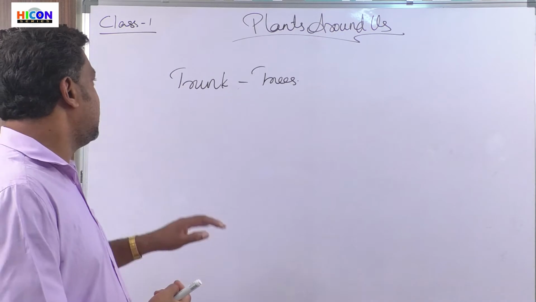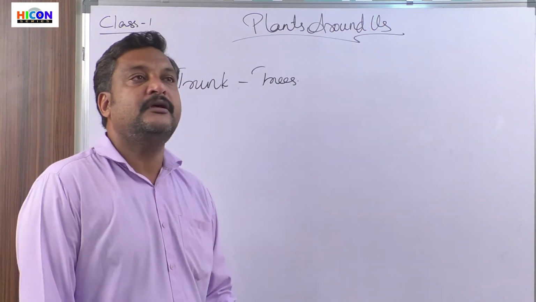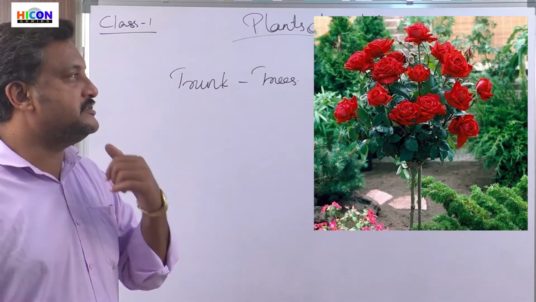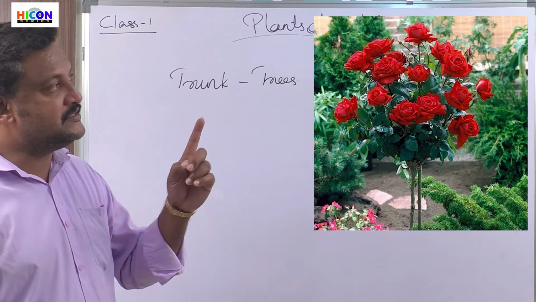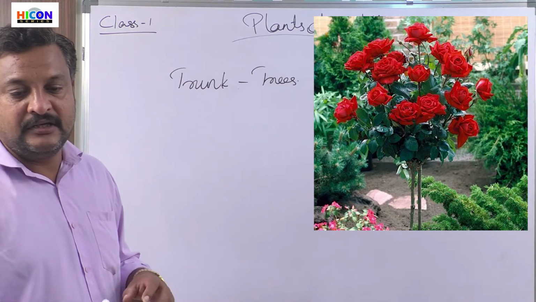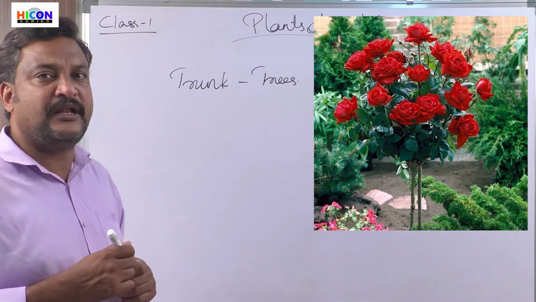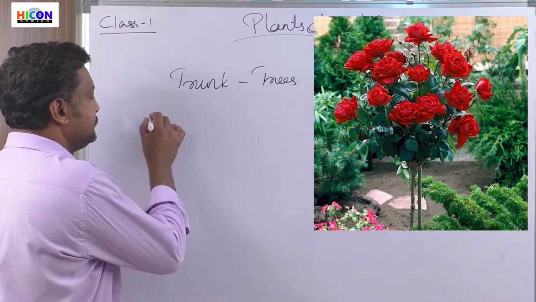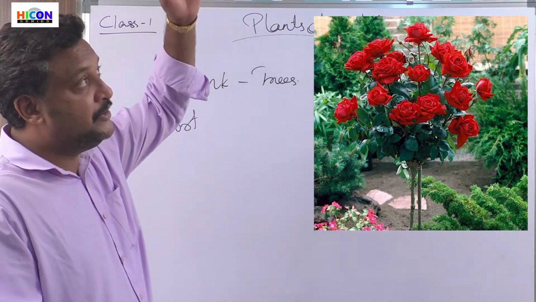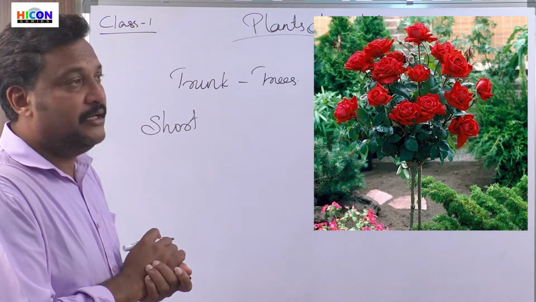Okay, that is the first kind of plants. They are called trees. Now there is another kind of plant. Here is a rose plant. What are the specific features of these plants? See, they are short. Trees were very big, isn't it? Now these are very short. Then it's bushy.